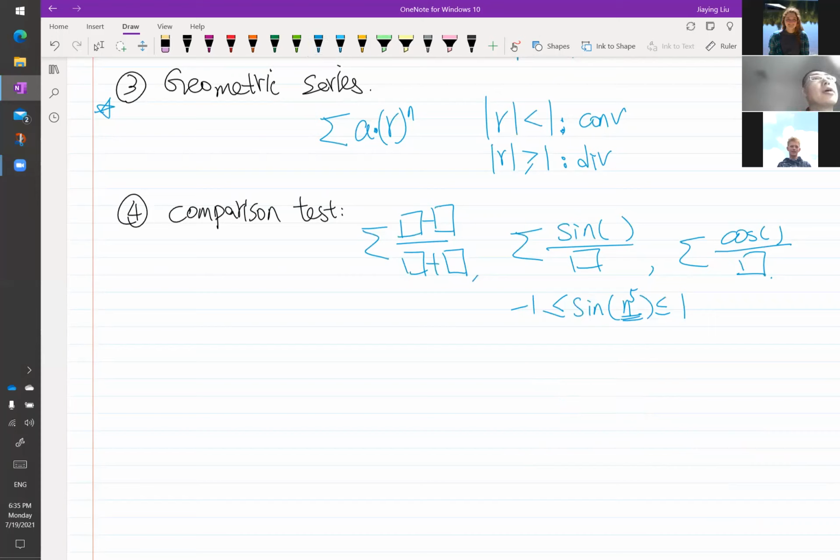Good question. Will sine and cosine always be convergent? No, not convergent. It could be a divergent series, so you have to use comparison to decide.